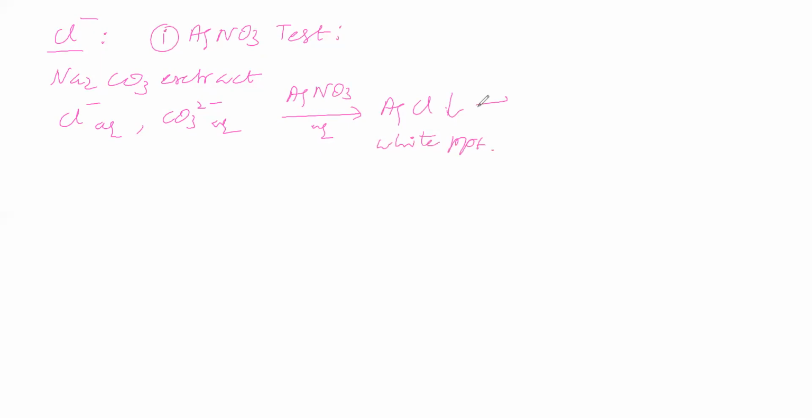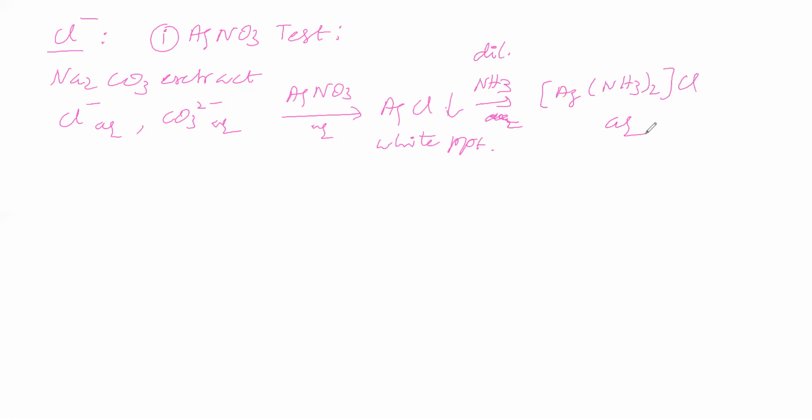To this white precipitate, let us add dilute ammonia solution. The white precipitate dissolves due to formation of a complex. So, it is a test for chloride.